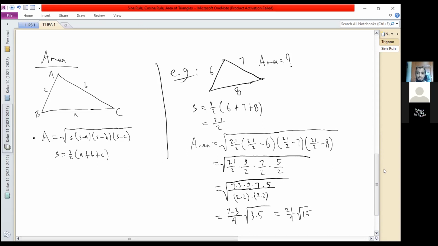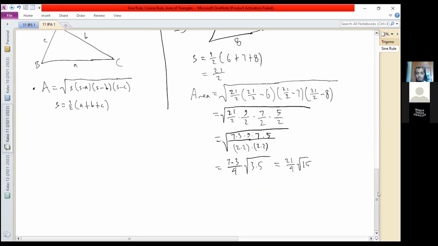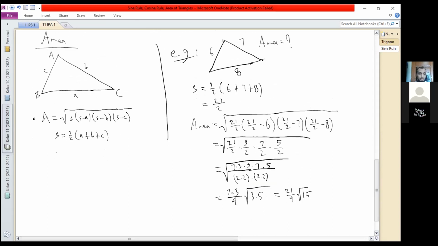Let me just give you the other formula for area. If we are given two sides and one angle, we can use area equals 1/2 times A times B times sine of C, or the other sides.